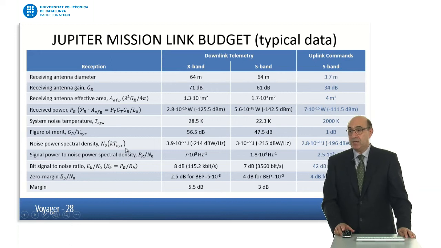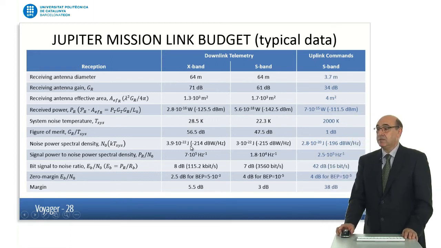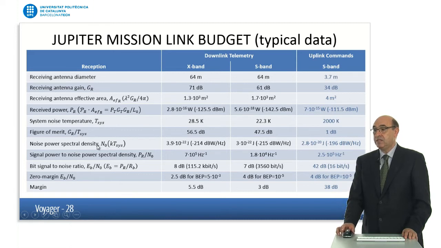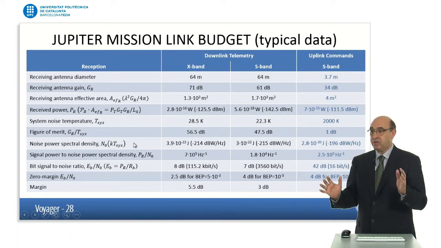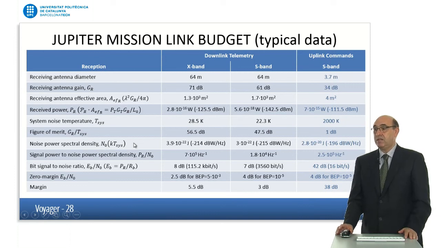Now with this, what we do is find the total noise power. But in this case, we are finding the spectral density. We are not taking into account the bandwidth or the data rate. We are just finding the noise power spectral density.